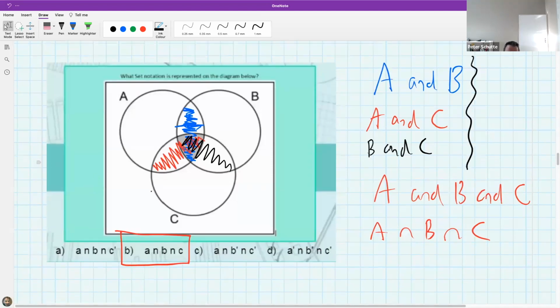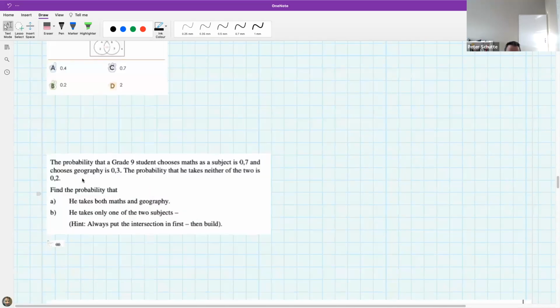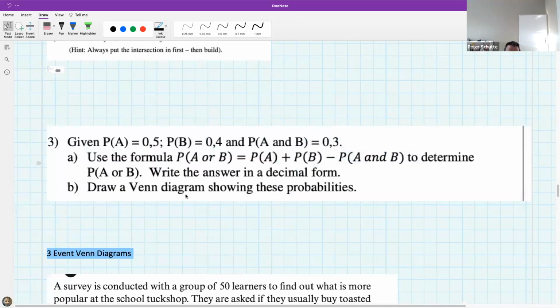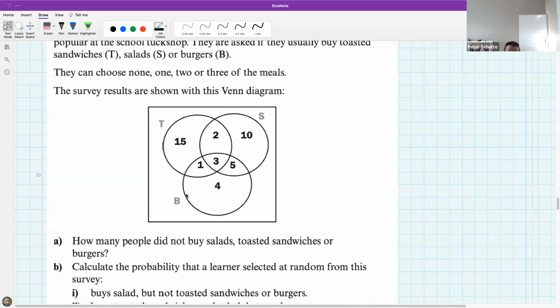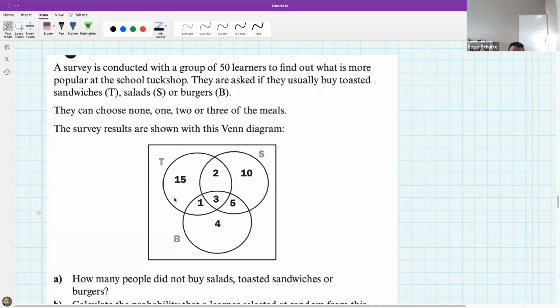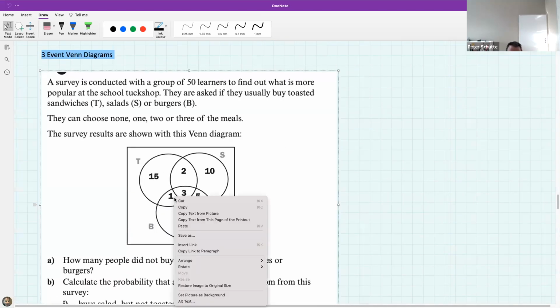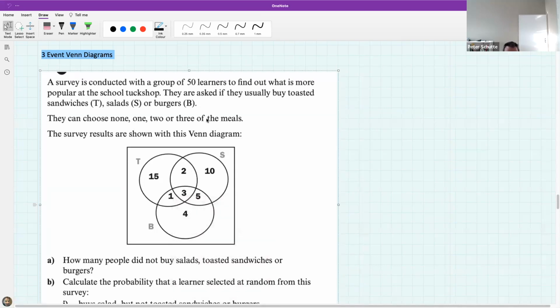Okay. So then let's go to a Venn diagram question. Like this one. So the survey is conducted with a group of 50. Did we do this one last time? I don't think so.